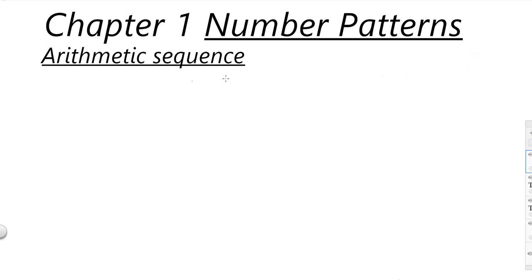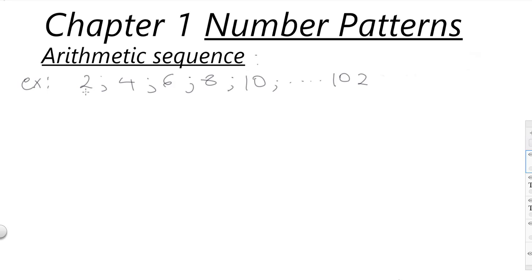Here we have an example of an arithmetic sequence where the first number will be 2, we have 4, we have 6, sorry. After 4 we'll have 6, we have 8, we have 10, and so on, and then we have a last number.